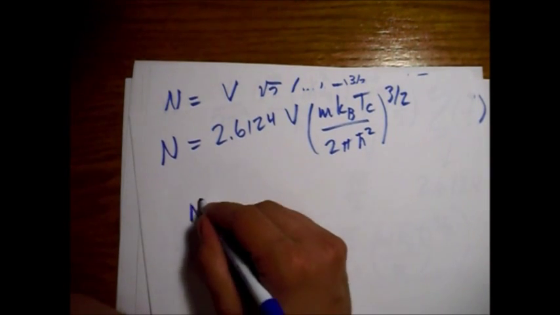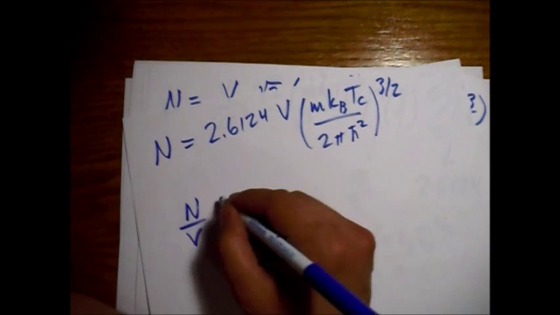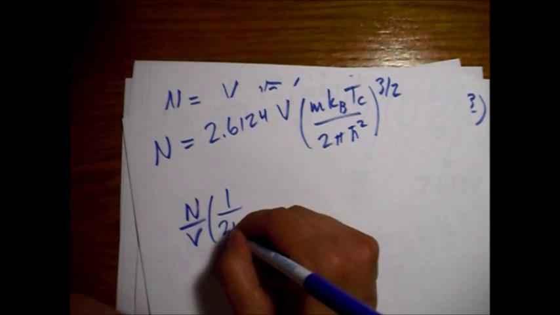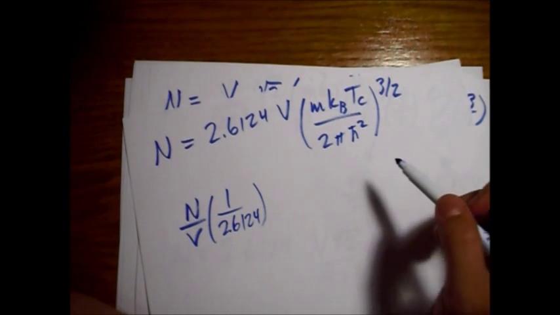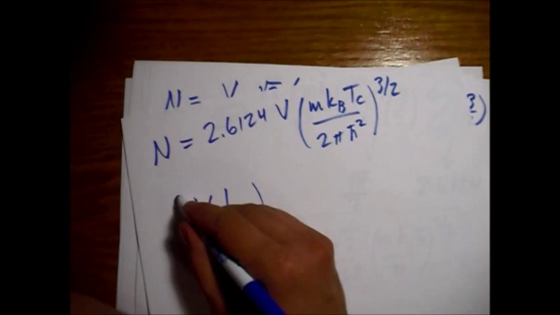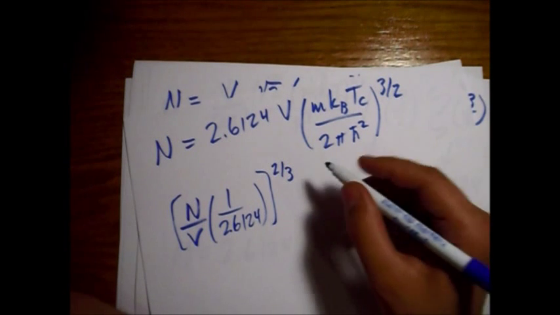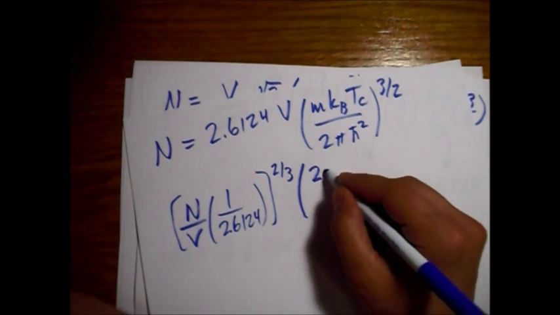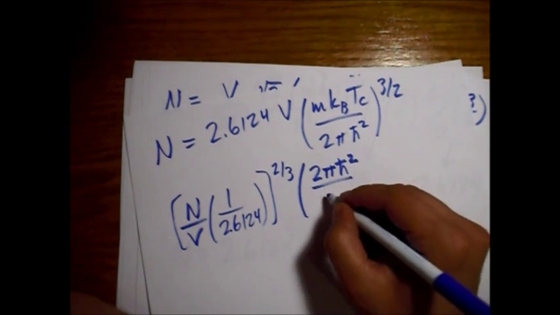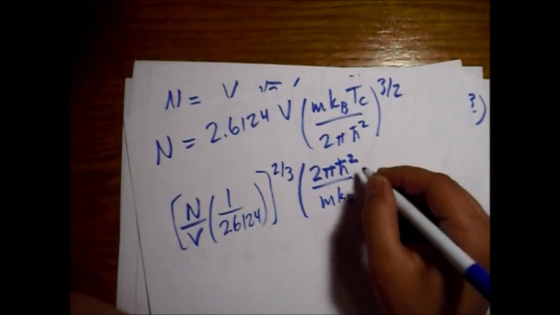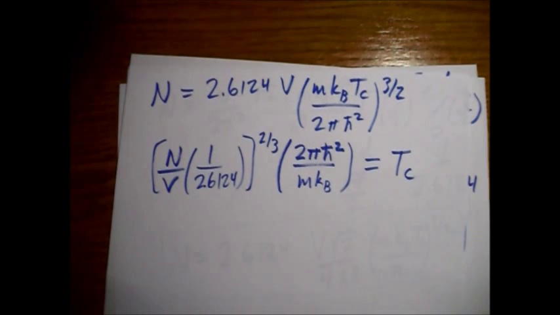Well, n over v, 1 over 2.6124, all of this to the 2/3 power, and then multiplied by 2 pi h bar squared over m kb, and this is equal to our critical temperature, right?